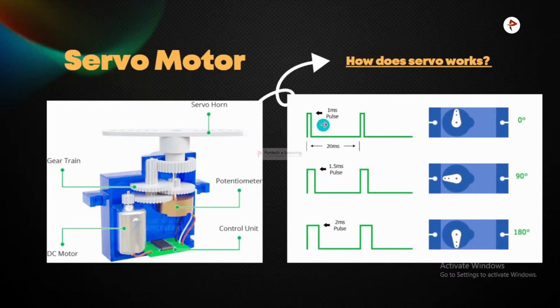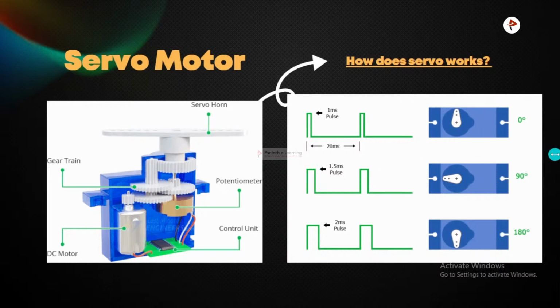A short pulse of 1 millisecond or less will rotate the servo to 0 degrees. A pulse duration of 1.5 milliseconds will rotate the servo to 90 degrees. A pulse duration of 2 milliseconds or so will rotate the servo to 180 degrees. So this is how it works. Pulses ranging from 1 millisecond to 2 milliseconds will rotate the servo to a position proportional to the pulse width.